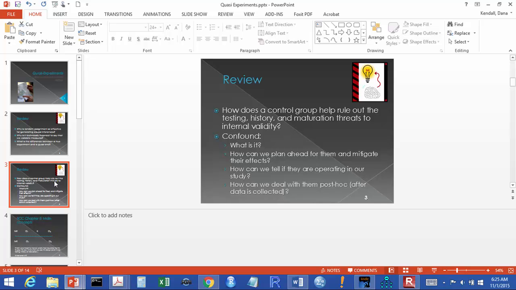So how can we plan ahead and mitigate their effects? There are two primary ways we can do this: through multiple testings, multiple pre-tests, multiple post-tests, which I'll talk about here in a second, and the other way is through a control group or control groups. How can we tell if they're operating in our study?